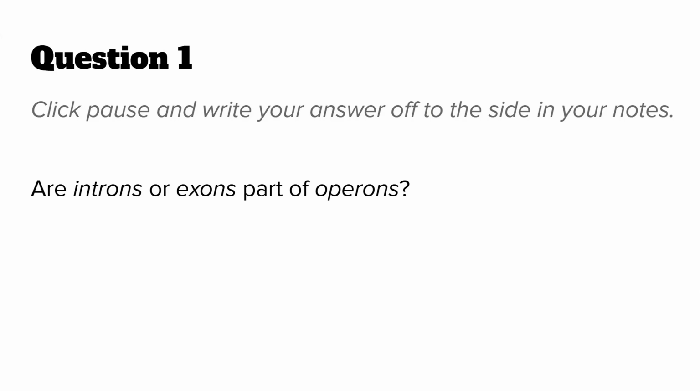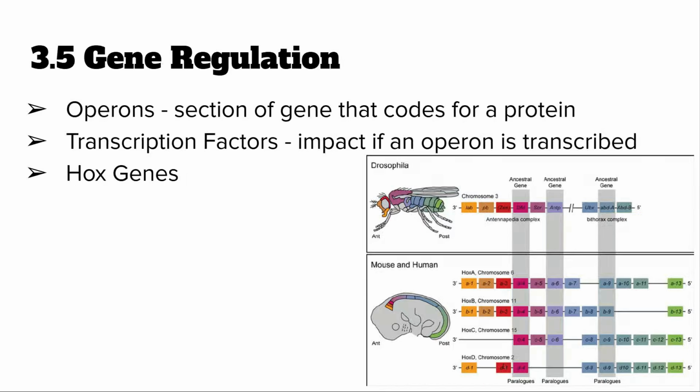So, as a review, I want you to go back in your notes and check and remind yourself which part of a gene, which we're now going to call an operon, all right? So, which part of that will be, is it from the introns or exons during transcription? So, make sure you wrote that down, right?